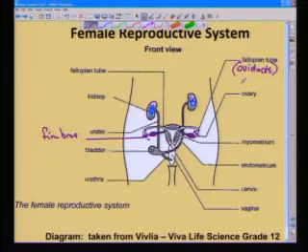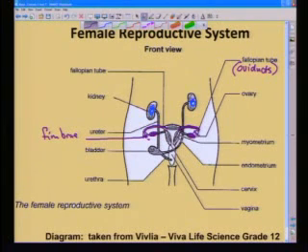So the fallopian tubes run along here. There's a fallopian tube there, and there's a fallopian tube over there. Then the fallopian tubes lead into this structure here, which they say is pear-shaped. It doesn't really look pear-shaped, but in a textbook anyway it is. And this here is the uterus.